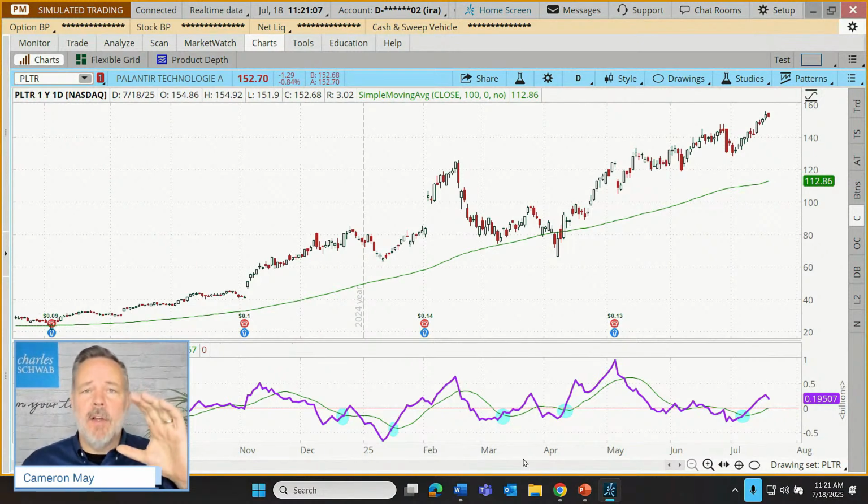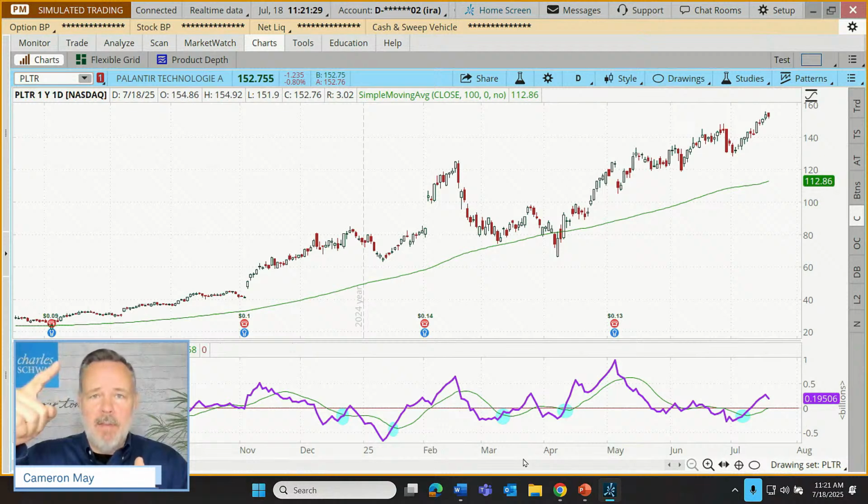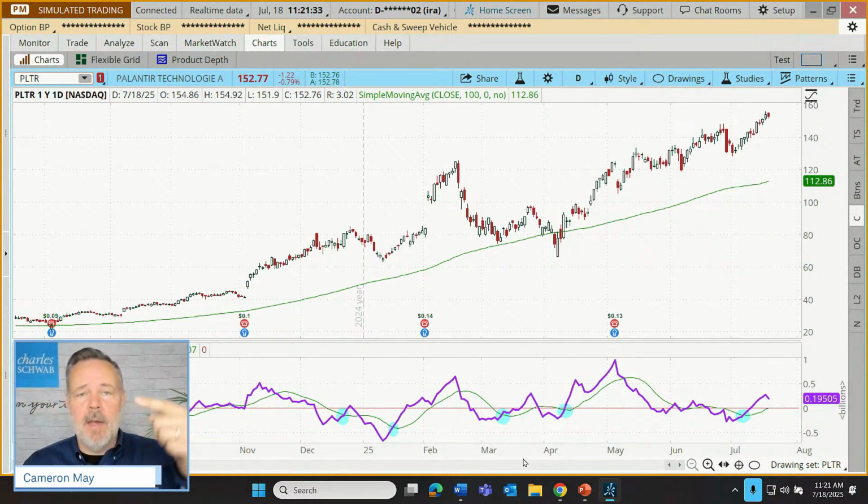We take the current day's volume and assign a value to that volume as being either positive or negative. In the Klinger oscillator, volume is either good or bad, right? It gets an upvote if volume is accompanied by a price change from yesterday that was positive. It gets a downvote if volume is accompanied by a downward move from yesterday in price.